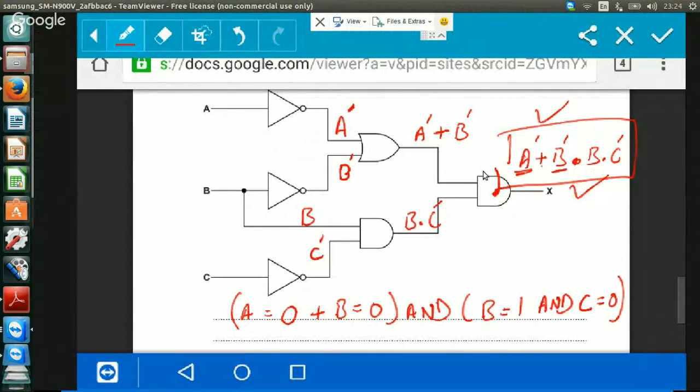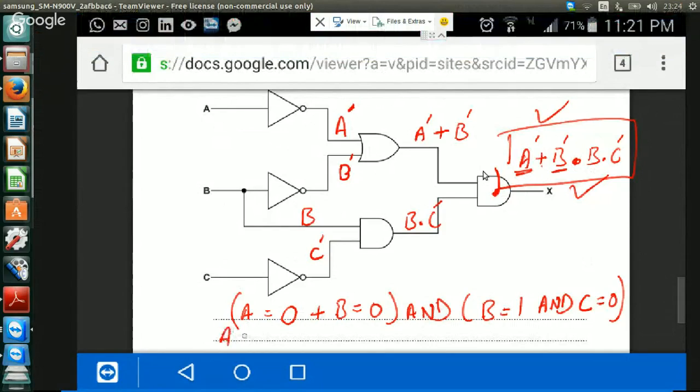Now, how to make statements out of this equation? That's pretty easy. A is off or B is off, and B is on and C is off. It's pretty easy. A is on because it's 0.